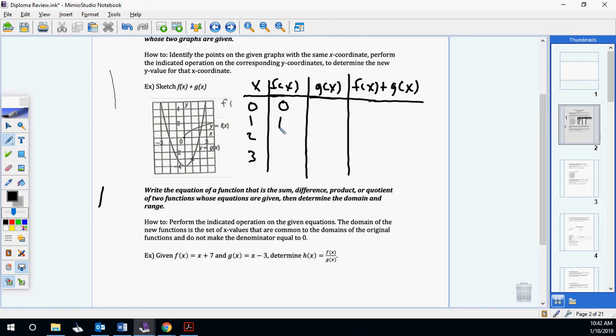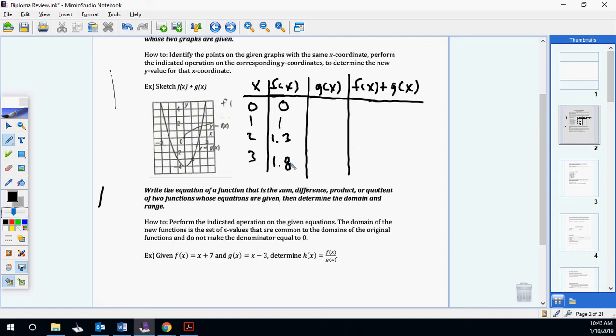At 2, it looks like they have a 1.3 in the notes, which is fine. We're kind of guesstimating a little bit. And at 3, they put 1.8, just for reference. Obviously, you wouldn't have to guesstimate if it was asked to be exact. You have to have some information to find that.